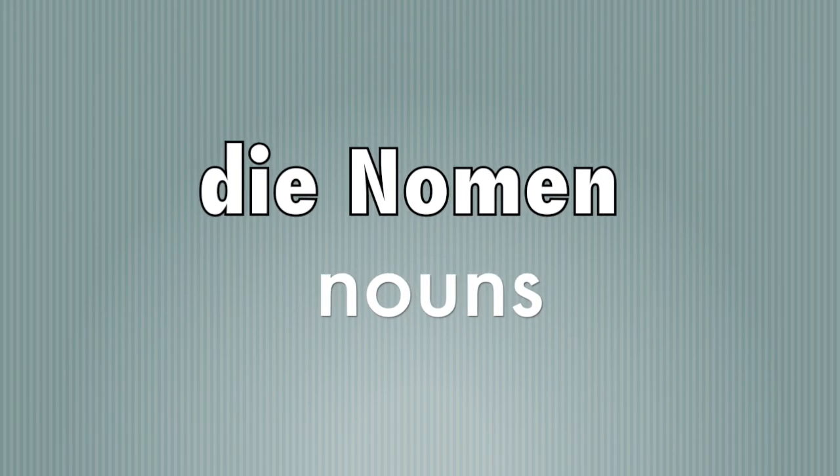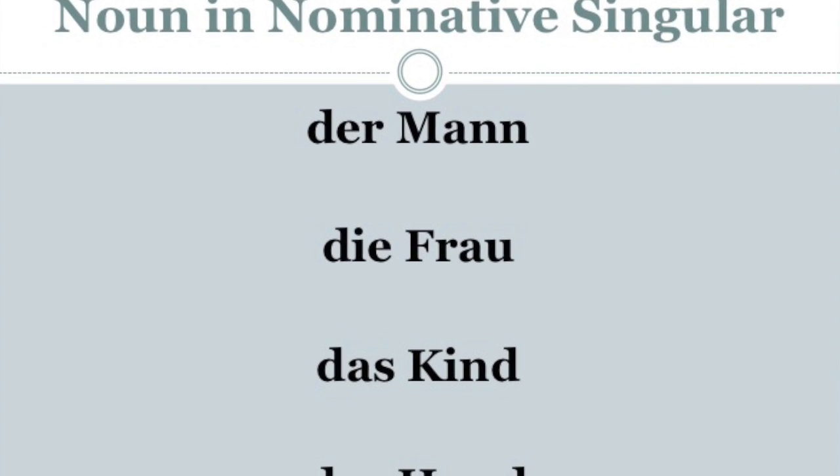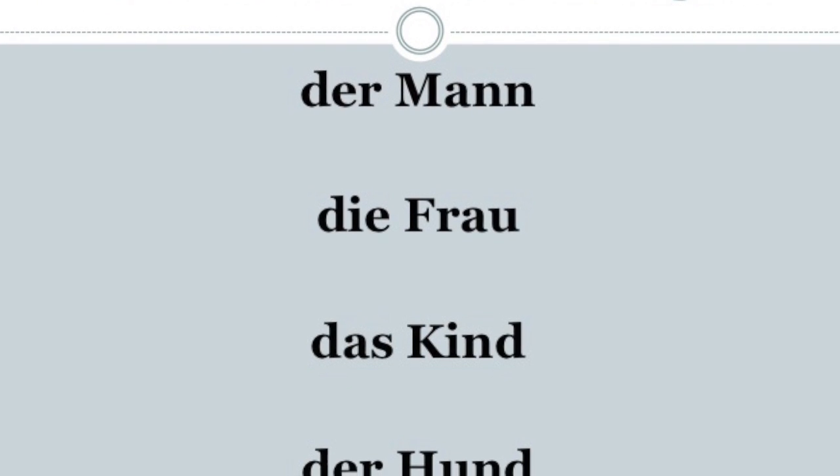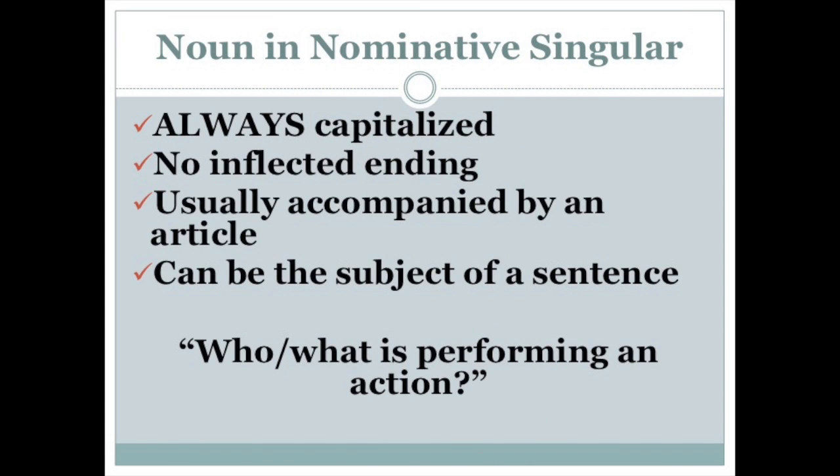Brings us right to the nouns, or die Nomen. Oh, the article is a part of a noun. So what follows the article is the actual noun. A noun is always capitalized, and there's no inflected ending in the nominative singular. There will be inflected endings with other cases.